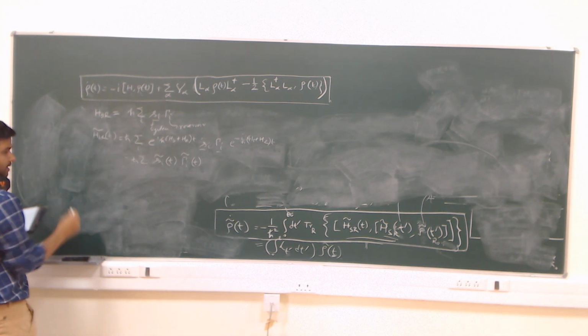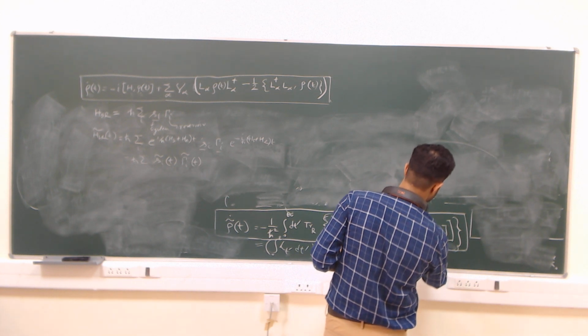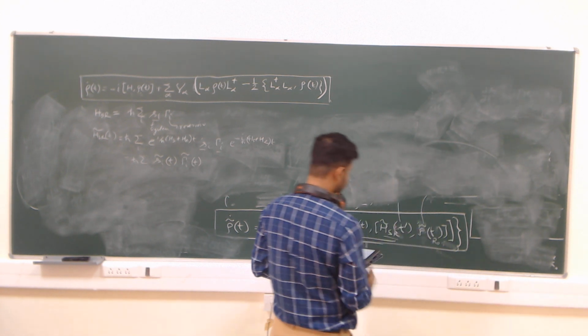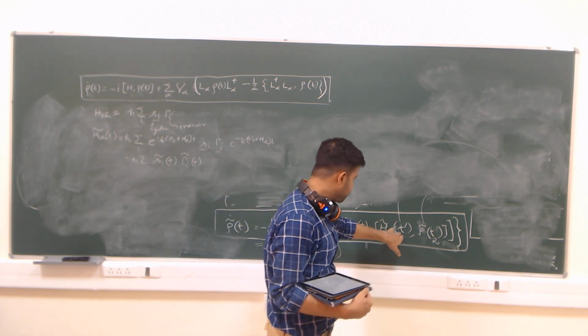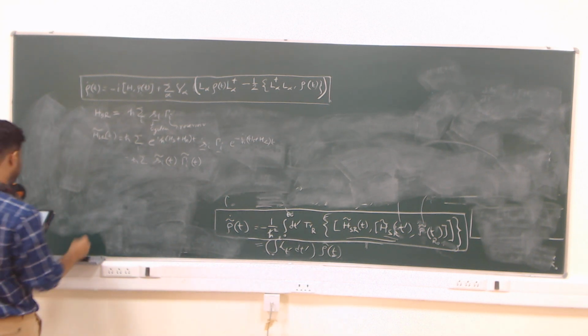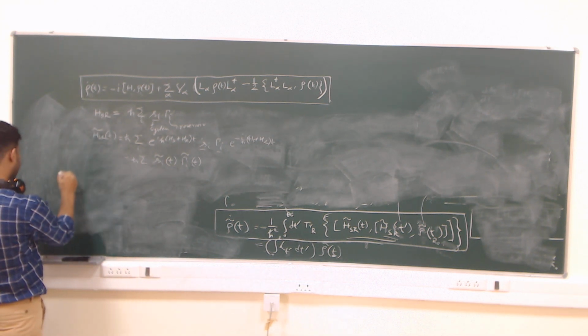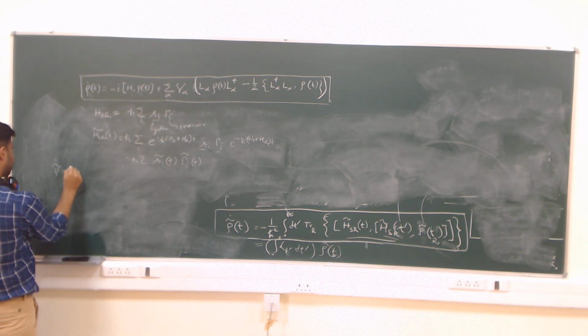So if you remember what we had here, we already had this as well. But before making the Markov approximation, we had here t prime, here also t prime. So before making the Markov approximation from this kind of H_SR, the equation of motion will have something like this.